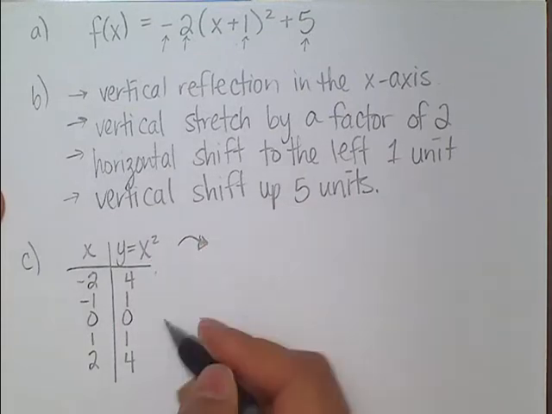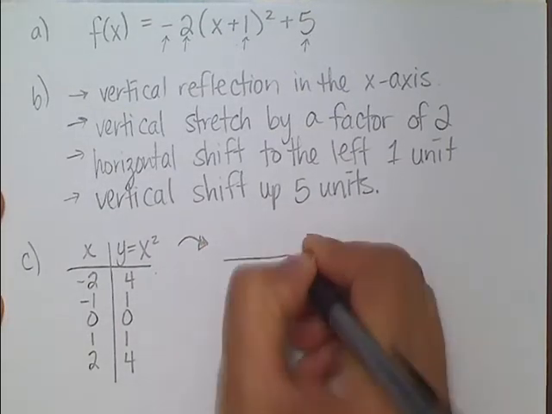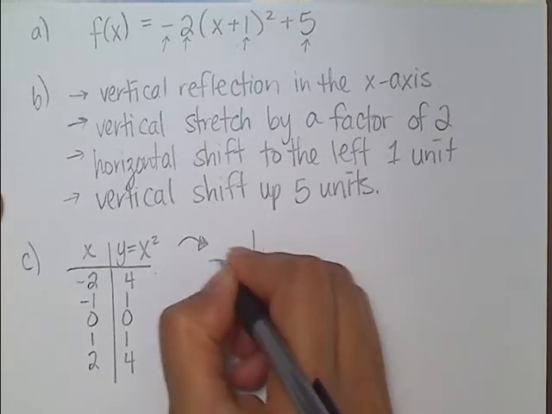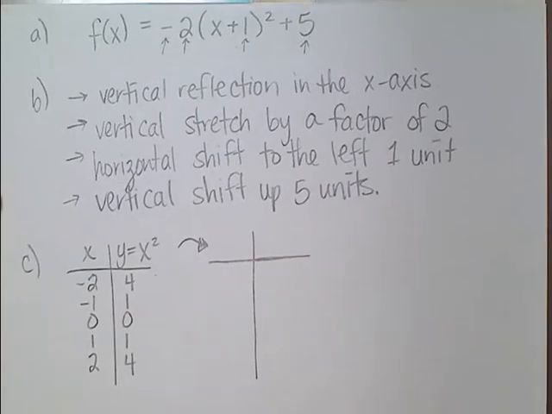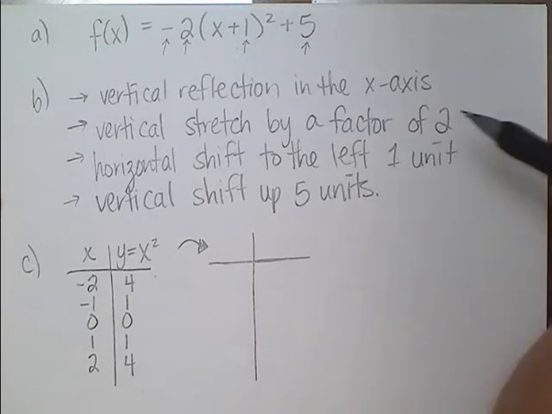Now, this is the mapping notation part. We're going to map these points into a new set of points. And those new set of points are what we're actually going to be graphing. So what I need to think about is how the graph is being transformed. Now, the x-coordinates can only be affected by any sort of horizontal transformation, whereas the y-coordinates will only be affected by any sort of vertical transformation.